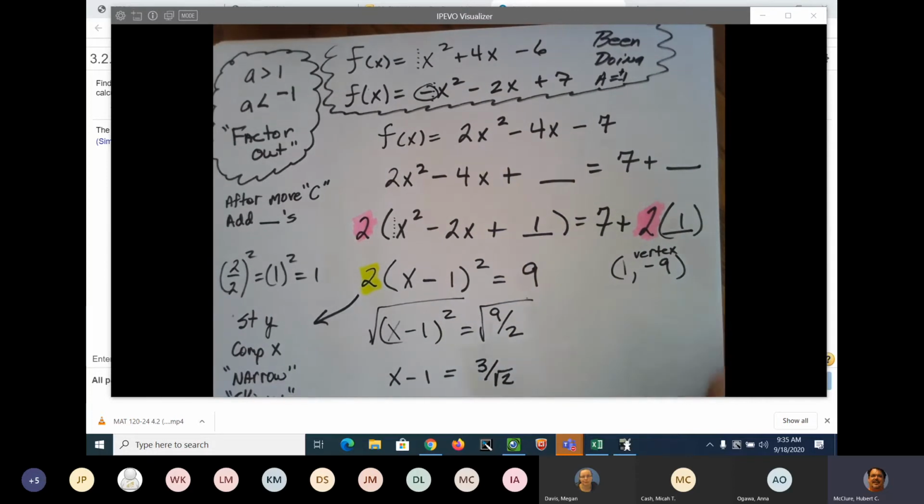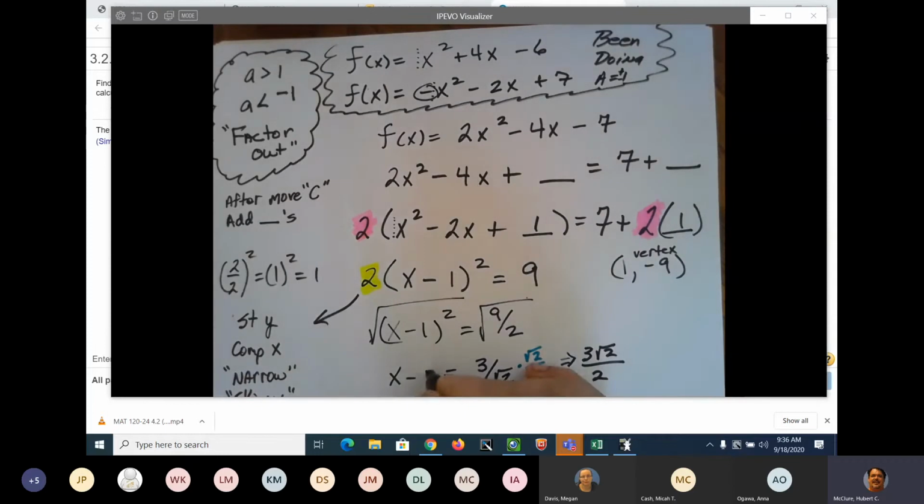I'm going to do that for you to kind of knock your memory loose a little bit. You've got the square root of 2 in the denominator, so I'm going to multiply by the square root of 2 over the square root of 2, which is going to give me 3 square root of 2 over the square root of 4, which is 2.